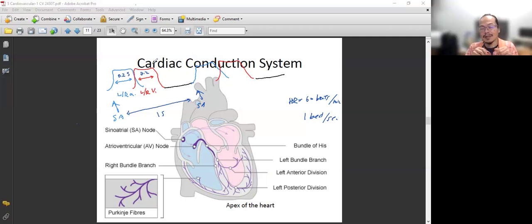And then squeeze the blood into the pulmonary circulation and also systemic circulation. And then rest. The heart will rest for about 0.6 seconds, right? And then you have another heartbeat. So this is kind of resting. Your heartbeat is 60 beats per minute, and so 1 beat per second. So this is what's going on.